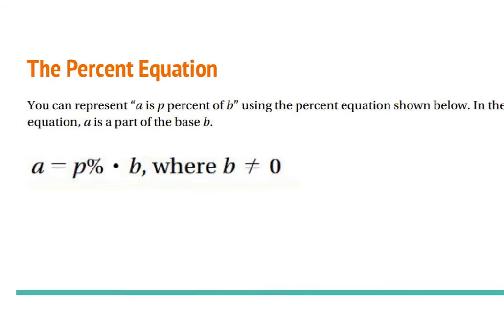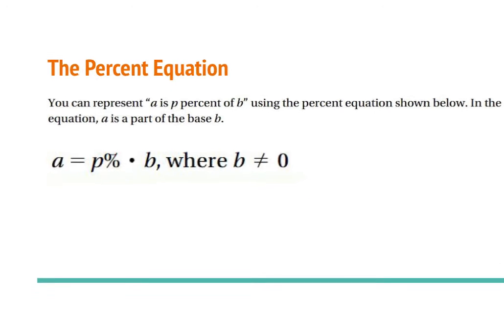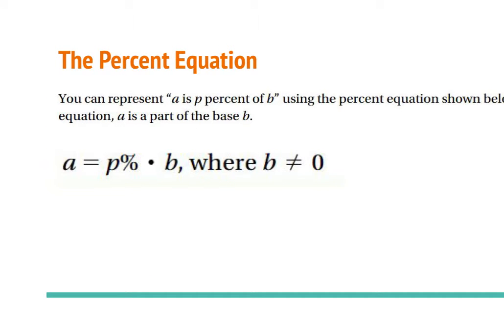You can represent A is P% of B using the percent equation as well. So shown below in the equation, A is the part of the base, B. So A equals P% multiplied by B. That means that A, which is the part of the whole, is equal to the percentage times the base.